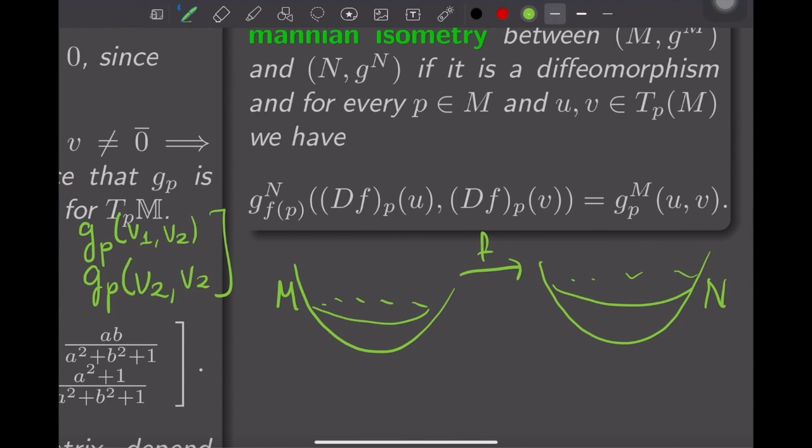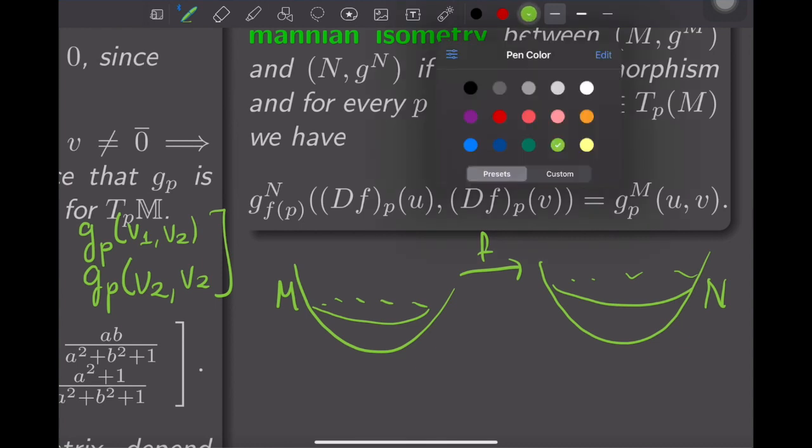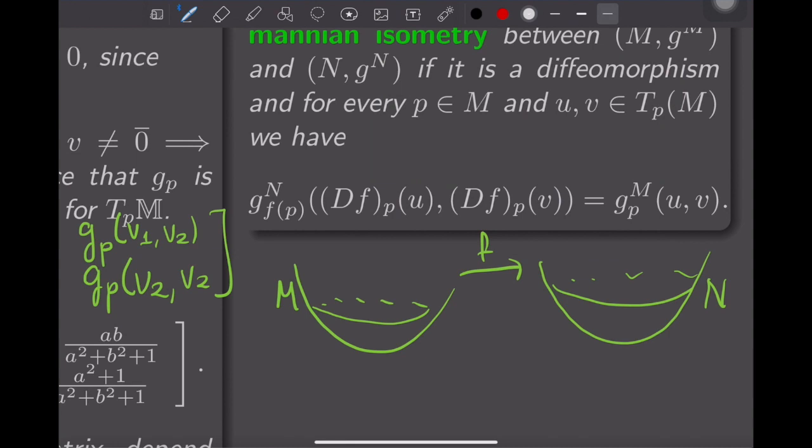Whenever you give me a point p here, the derivative of f takes the tangent plane at p to the tangent plane at f of p.